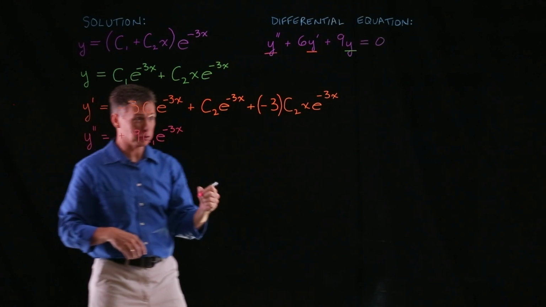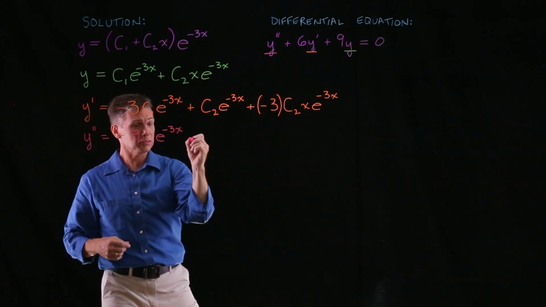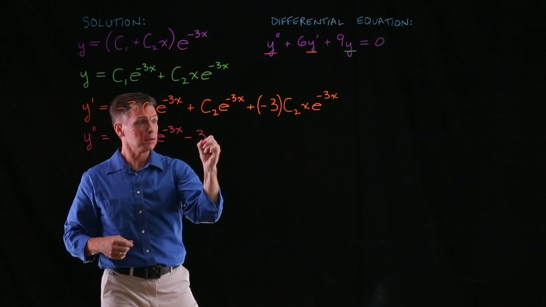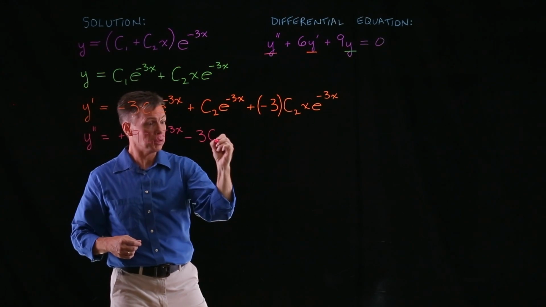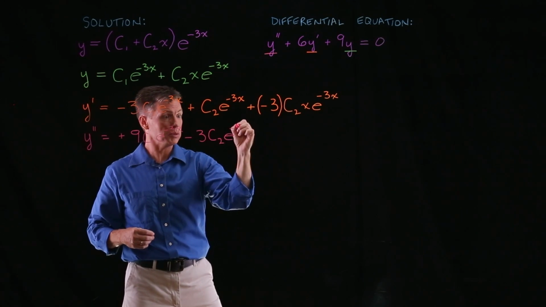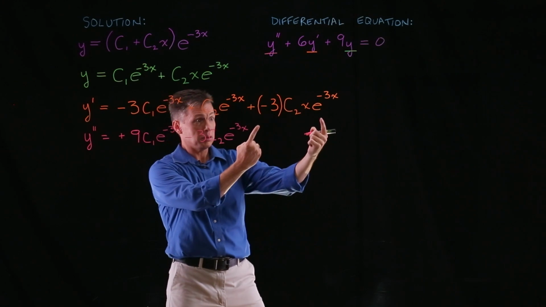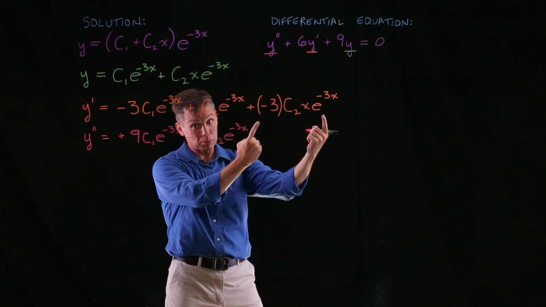What I like to say is be careful of all those negatives, right? I should listen to myself. And then this minus 3 comes out, and that would multiply by the C sub 2 e raised to the minus 3x. Okay, now when I go to do the derivative of this, it's another product rule.